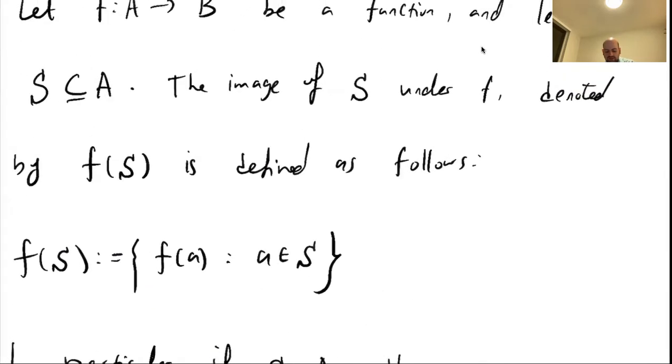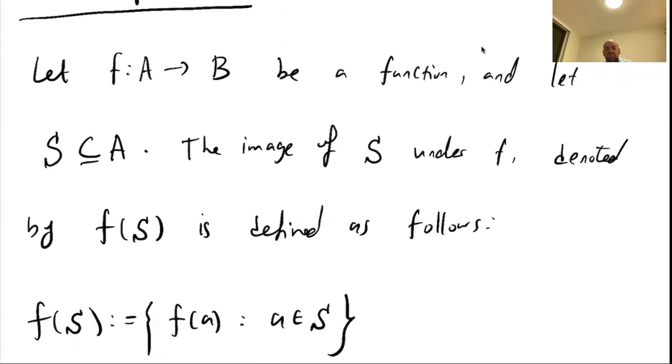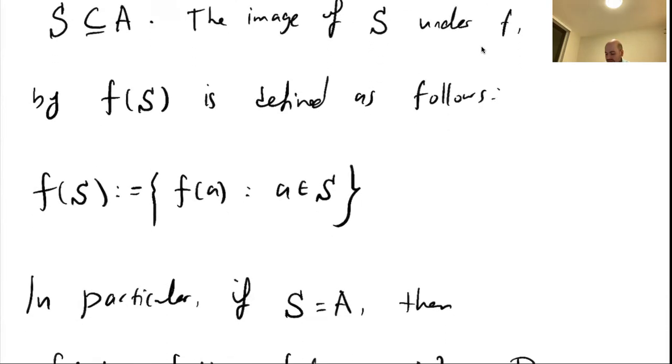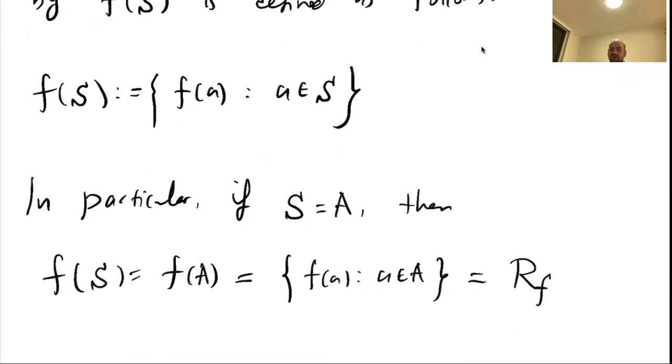See, so far we talked about f of a number. But here we are defining f of a set. F of a set S is defined to be the set of all elements of the form f of a, where a comes from that set. Now, if your set S is the whole domain, well, the set of all elements of the form f of a, where a comes from the domain, means the set of all outputs, right?